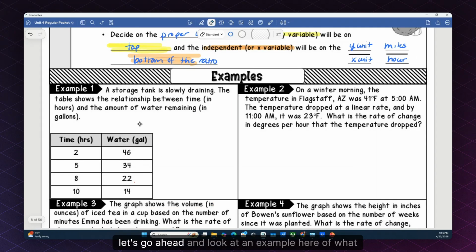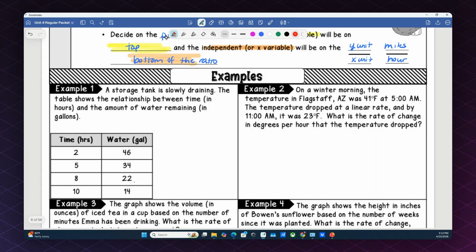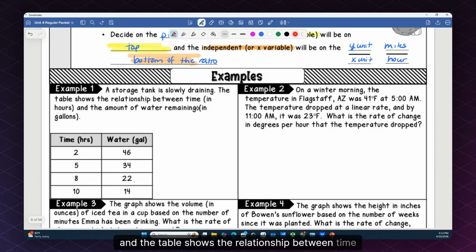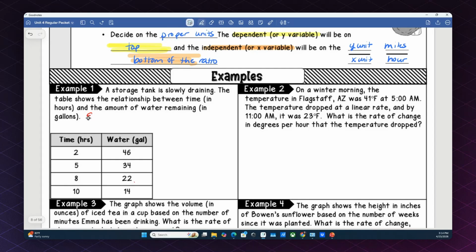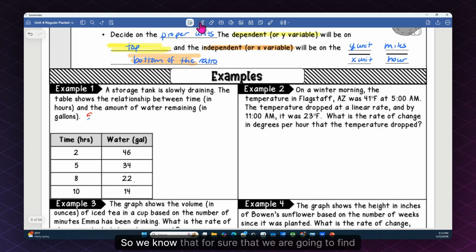Alrighty, my friends, let's look at an example of what is going on. We have a storage tank that is slowly draining, and the table shows the relationship between time in hours and the amount of water remaining. We know for sure that we are going to find slope.